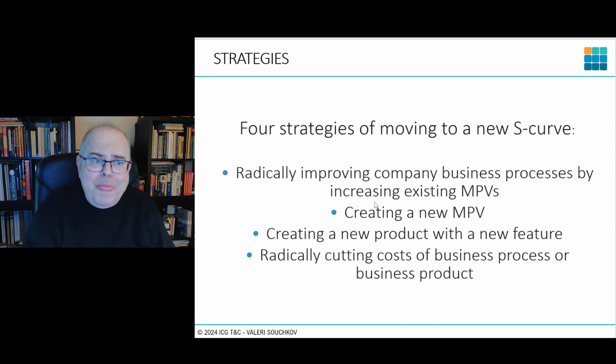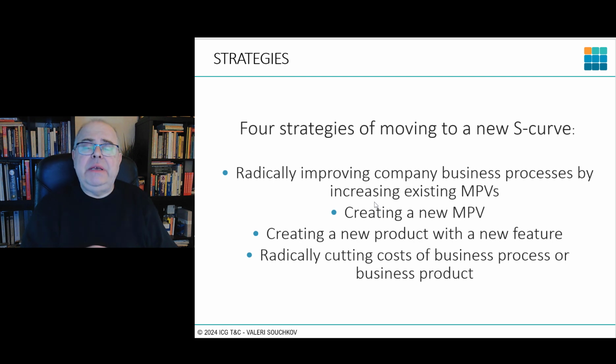The third strategy is to create a new product with a new feature which didn't exist on the market, and this new feature is demanded by the supersystem. And the fourth strategy is to radically cut costs of a business process or business product.